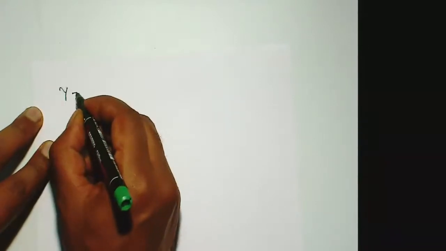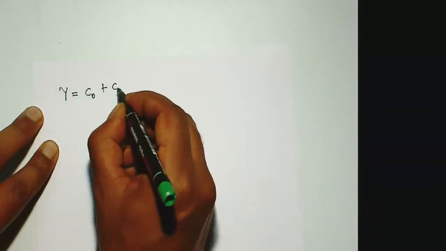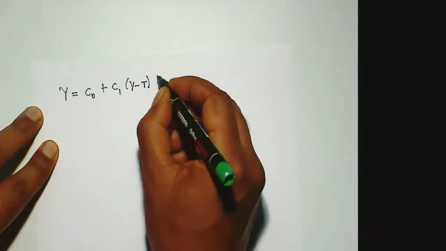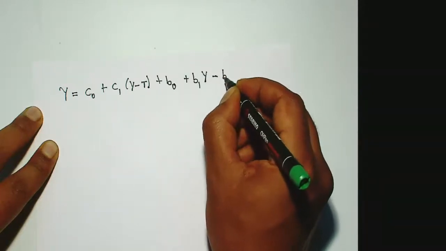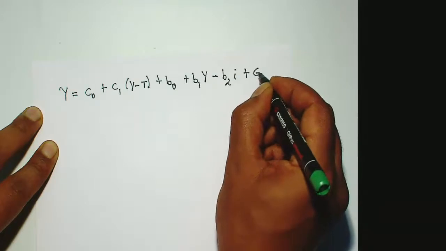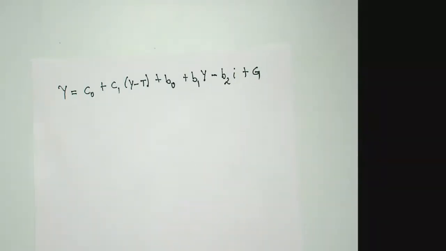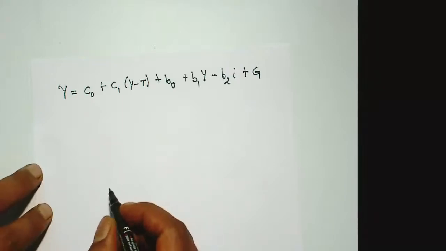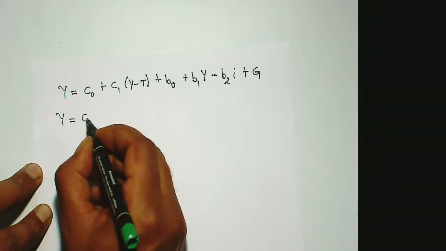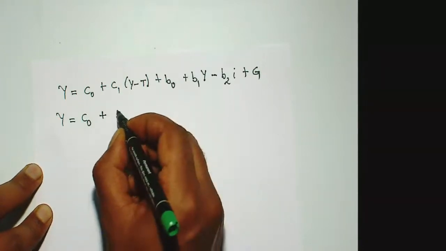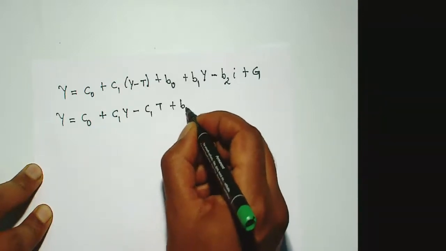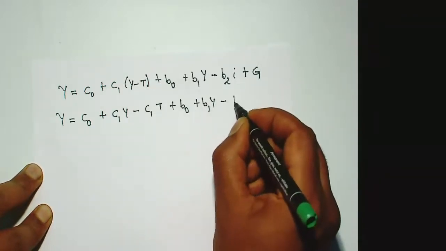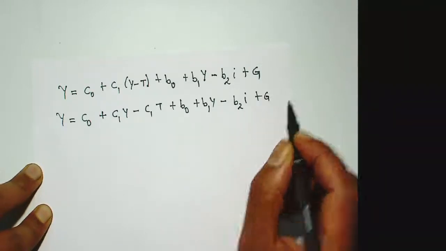We start with the already given formula of the IS curve, which says Y is equal to C0 plus C1 times (Y minus T) plus B0 plus B1 multiplied by Y minus B2 I plus our government expenditure G. First, we would get rid of the bracket on the right-hand side, plus B0 plus B1 Y minus B2 I plus G.